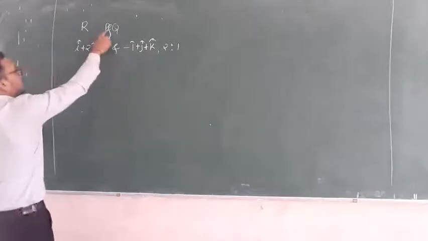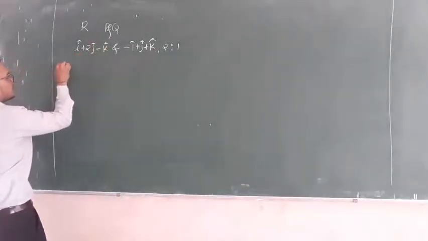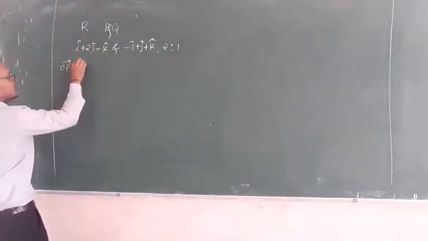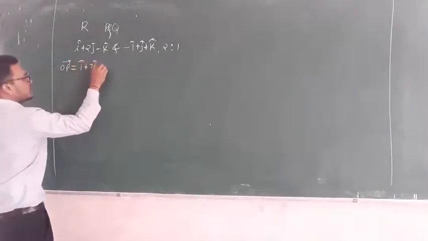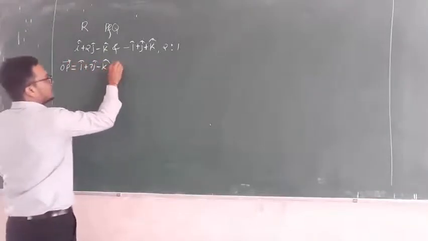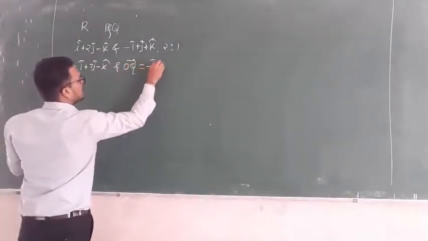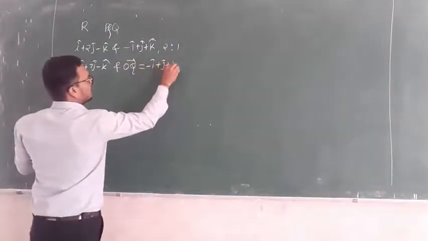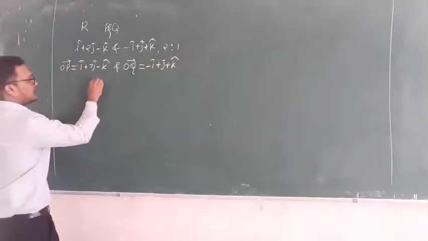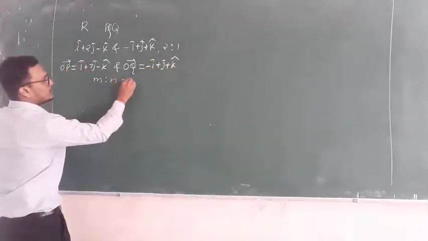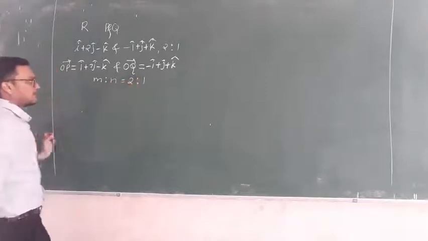So point P position vector is vector OP, which is given as i plus 2j minus k, and OQ is minus i plus j plus k, and this ratio M is to N is 2 is to 1.